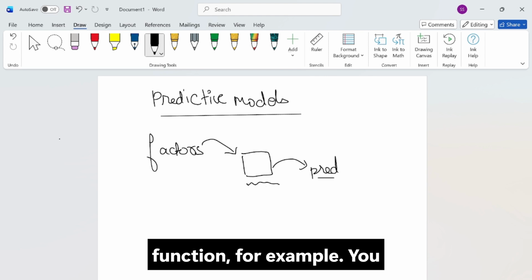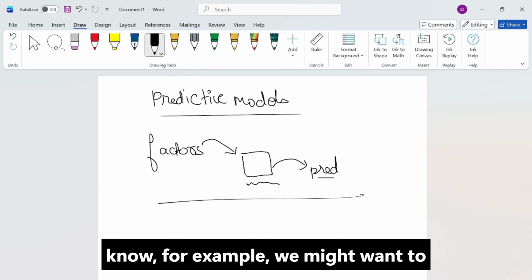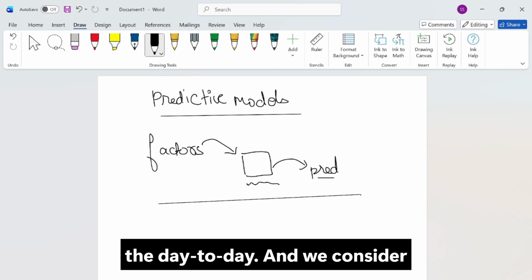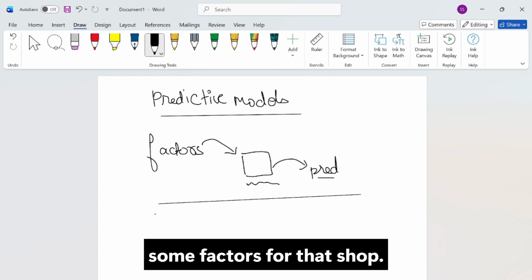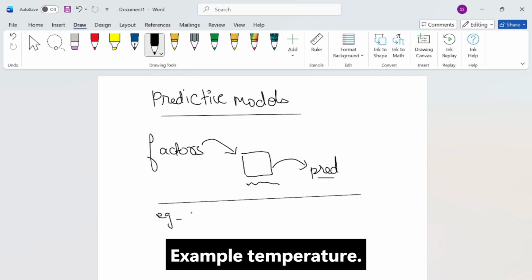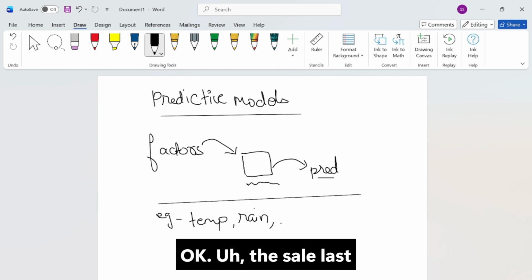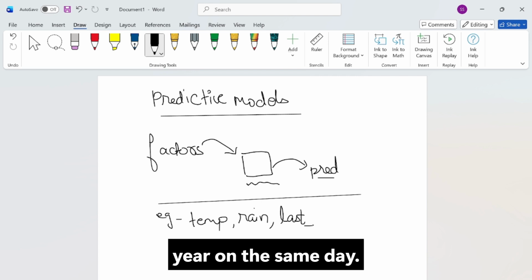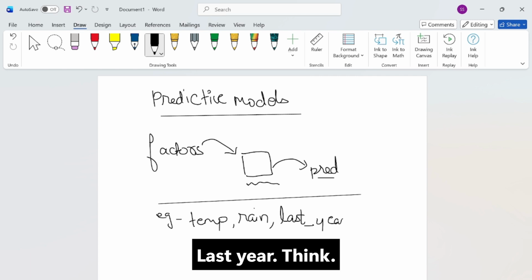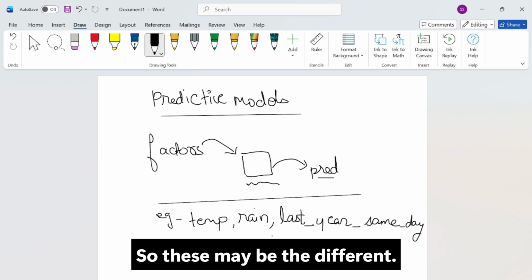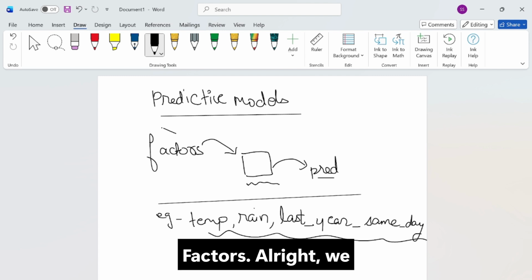For example, we might want to know what the sales will be for the day today, and we consider some factors for that shop. Example: temperature, rainfall, and the sales last year on the same day. These may be the different factors.